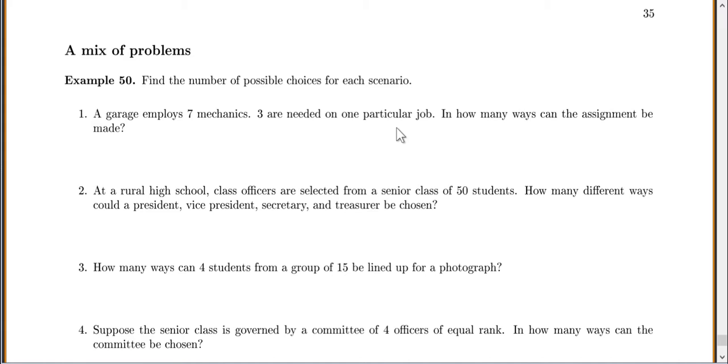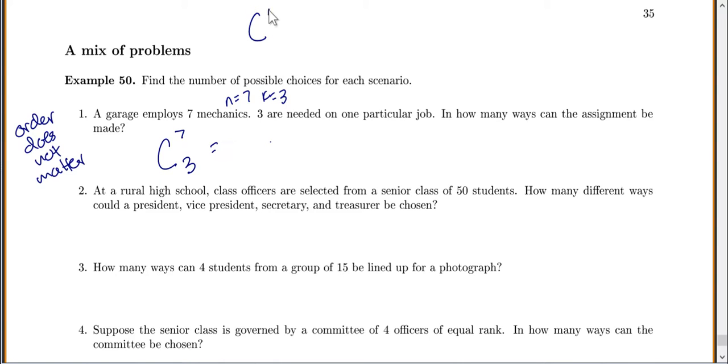So if you look at this, would the order matter, yes or no? Okay, so you need 3 people on one job. It probably doesn't matter whose names you call off first. So I would say order does not matter. And when your order doesn't matter, that means it is a combination. So we'll do a combination. There's 7 total. You want to choose 3 of them. So n equals 7, k equals 3. Let's write down our formulas.